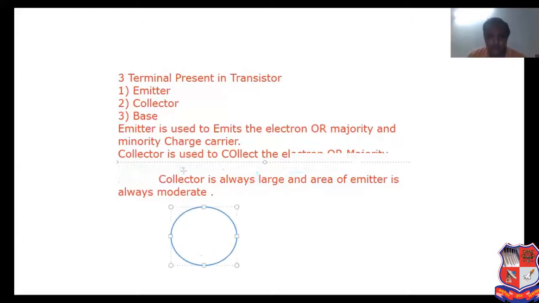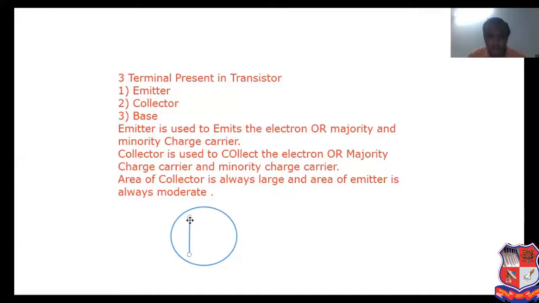transistor. See, this is the symbol of transistor. I have sketched this very carefully. See this?